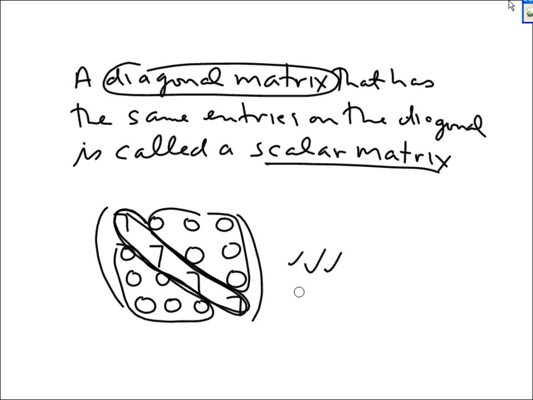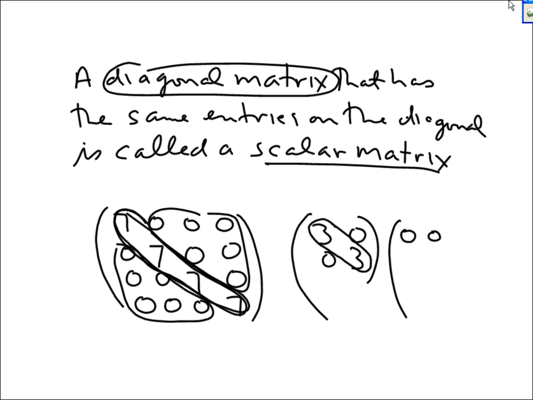Diagonal matrix. In fact, a scalar matrix. We can call it a scalar matrix. This matrix here, 3, 0, 0, 3, is a scalar matrix. It's a square matrix. Same number on the diagonal, zeros off the diagonal.